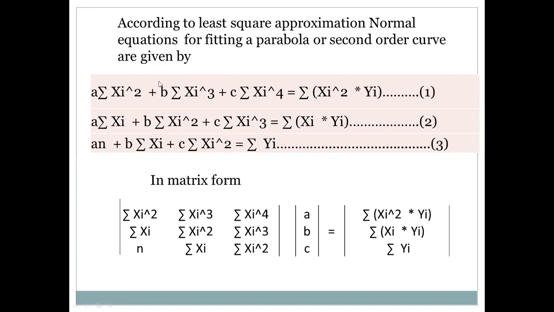B coefficient is multiplied with sum of xi cube, sum of xi square and sum of xi. So that is written in the middle column of the matrix, and the C coefficient is multiplied by sum of xi raised to 4, sum of xi cube and sum of xi square. This is written in the third column of the matrix.